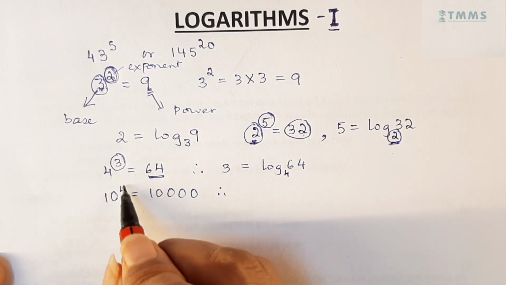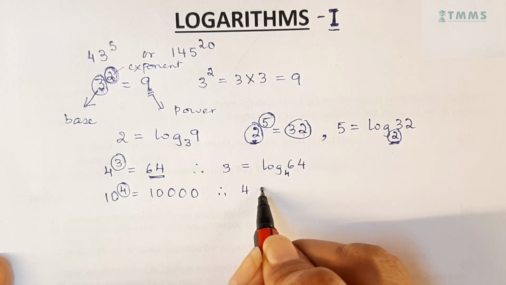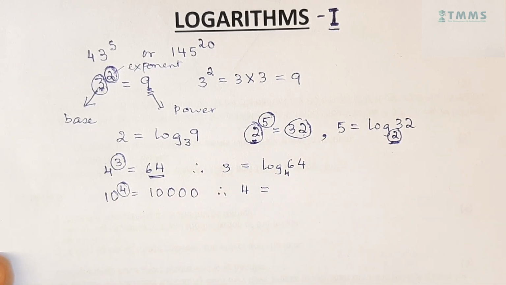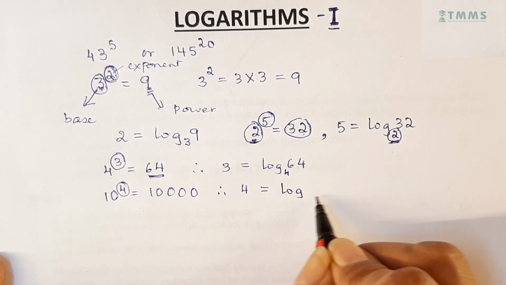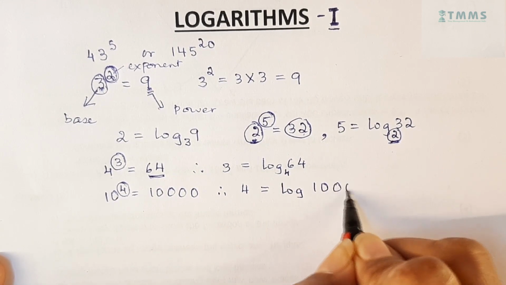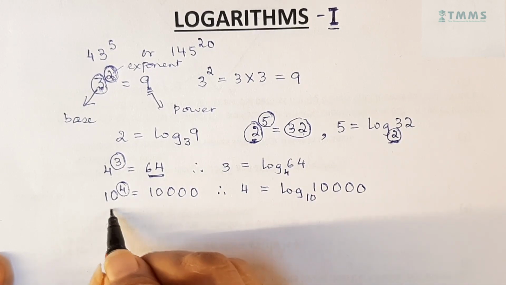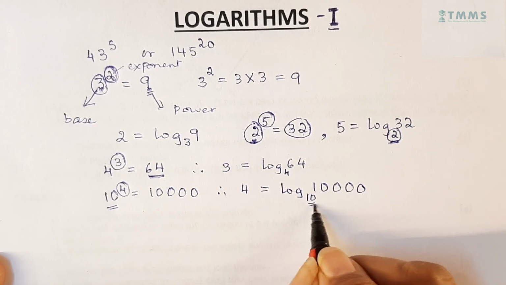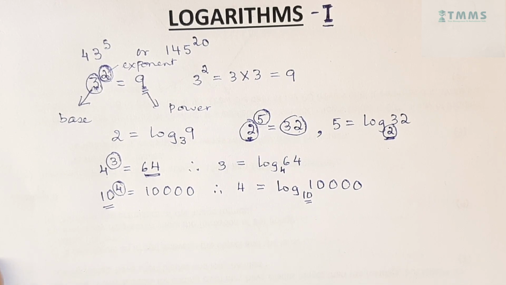How will we write it? We will look at the index. So index or exponent is 4, and that 4 is equal to log of this power. How much we'll write here? 10,000. And what is the base? 10. Remember, the base here becomes the base here. Okay? Now, let us see if we can solve some of the questions which are based on this.